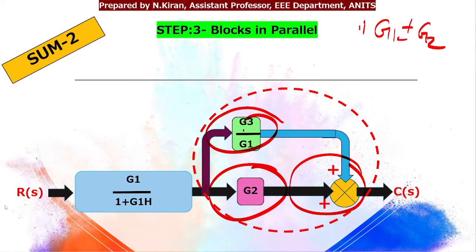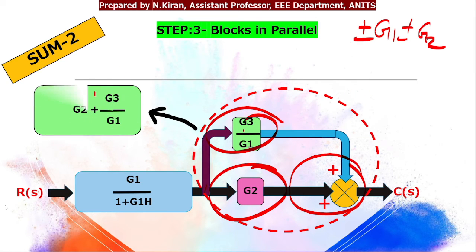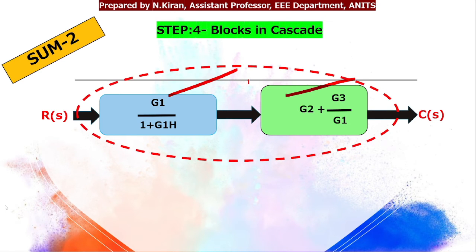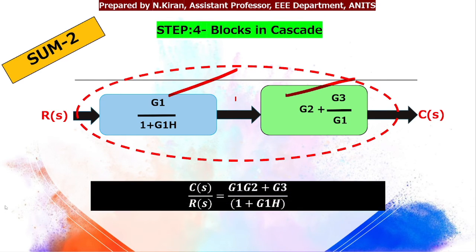Since we have only positive, that will give me G2 plus G3 by G1. So these two blocks are in cascade. I just need to multiply these two gains. That will give me overall transfer function as G1 into G2 plus G3 by 1 plus G1 into H.